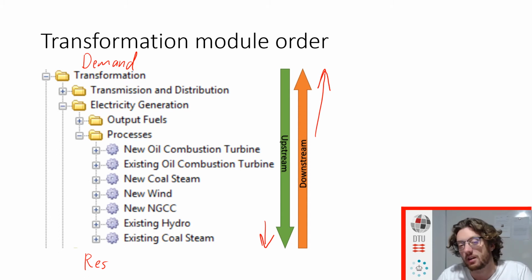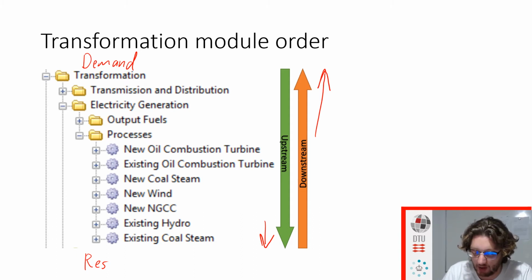That means that Leap will start throwing errors and have problems calculating if, for instance, you would have transmission and distribution, which is here, this is the transmission and distribution losses of electricity, below electricity generation.